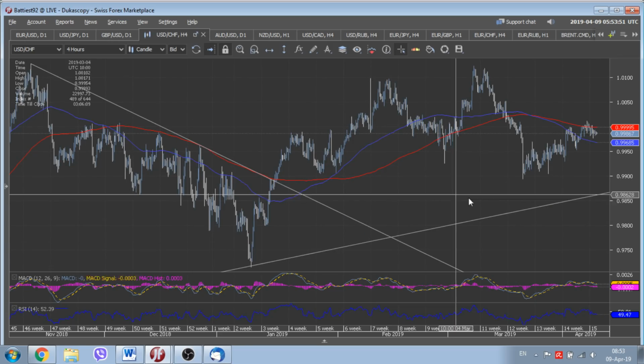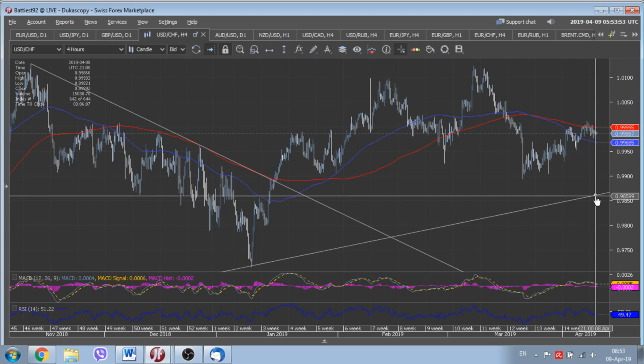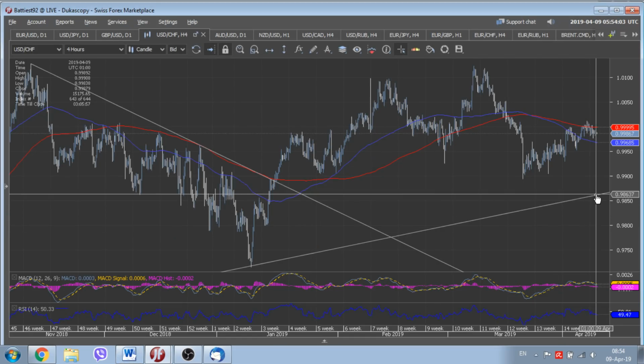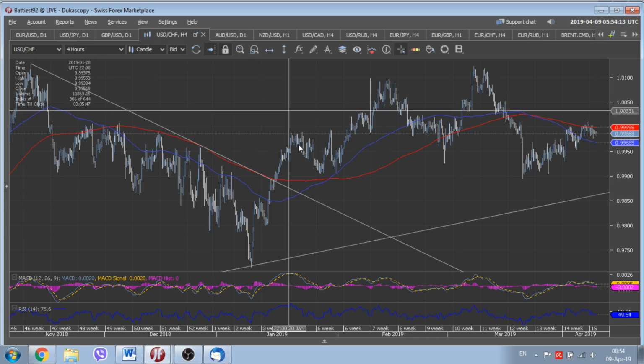Dollar Swiss is looking very stable, but anyway, we suggest that it's time to have short positions in the currency. That's what we are doing at the moment, and we suggest that sooner or later the pair will be back to the downside, probably close to the level of 98.60, where lies the uptrend line of 2018-2019.